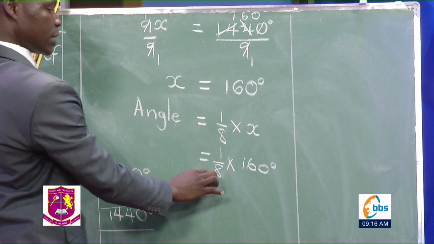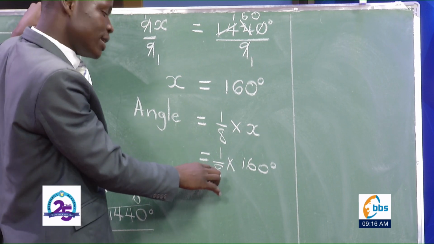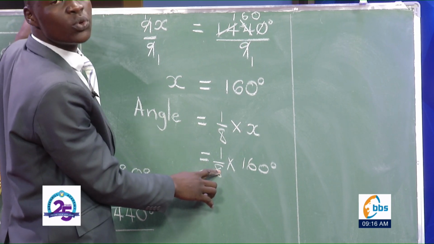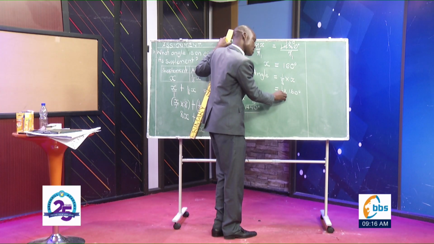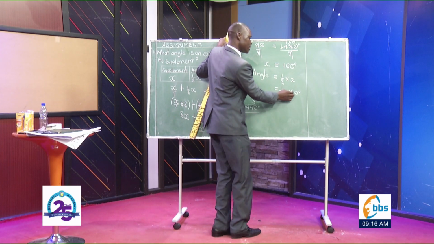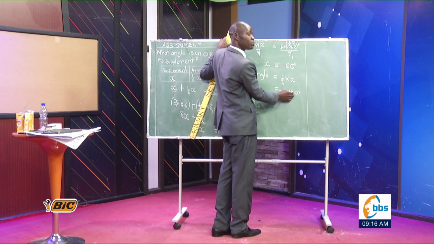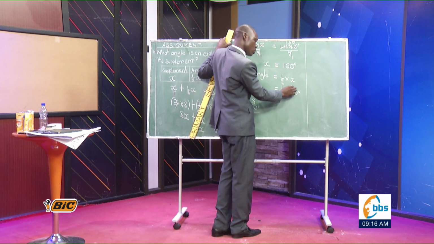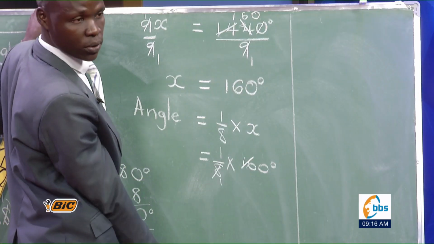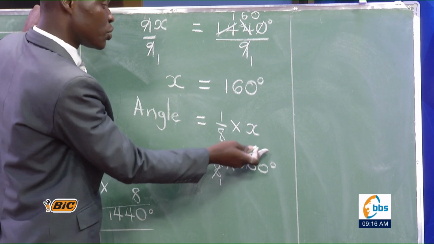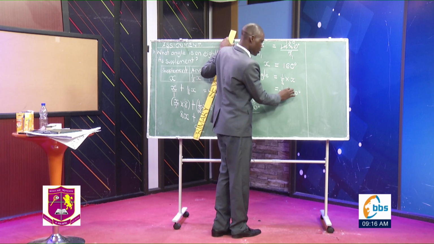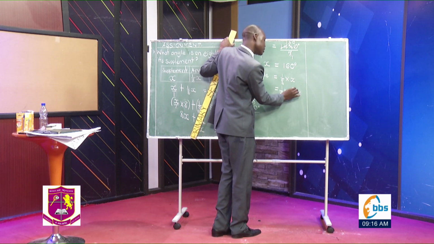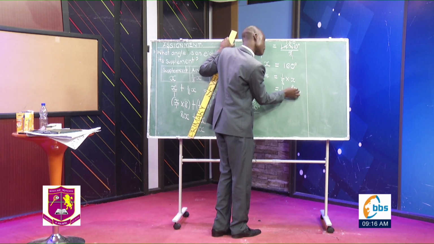I reduce, or I will have to divide this 8 by 8, and I will get 1. 8 divided by 8 is 1. I will take 16, 16 divided by 8. I cancel, not cross out. It is division, so you cancel. You don't cross. So 16 divided by 8, you get 2.